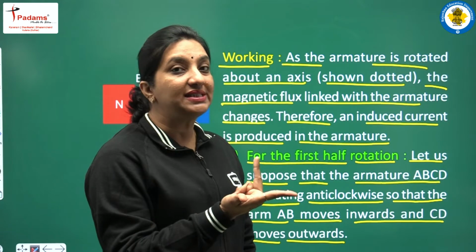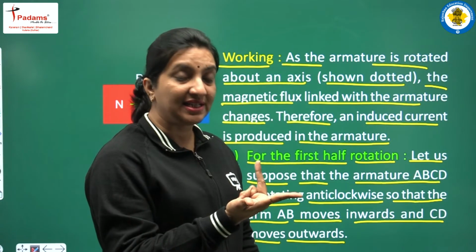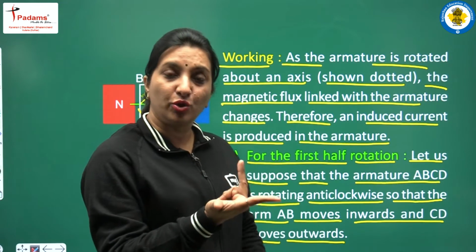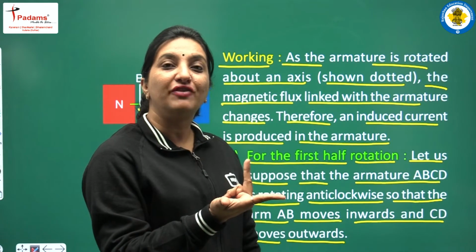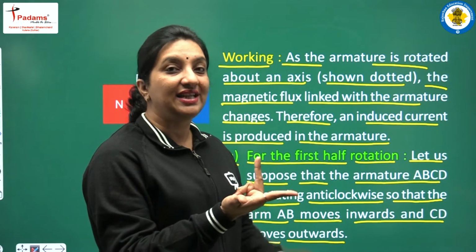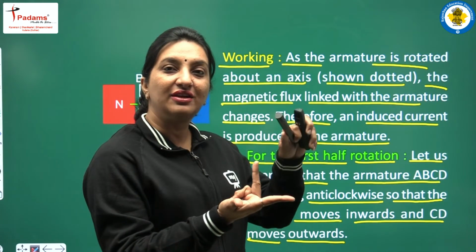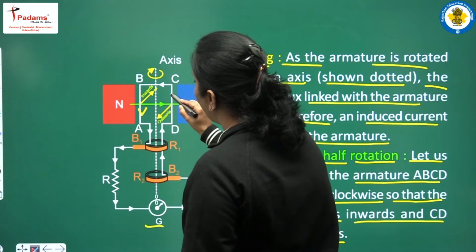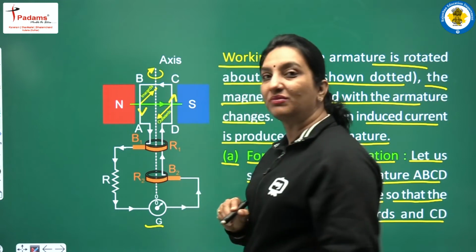For arm CD, this is the direction of magnetic field, this is the direction of motion, and then this is the direction of induced current. So in the CD arm, the direction of induced current will be upwards.